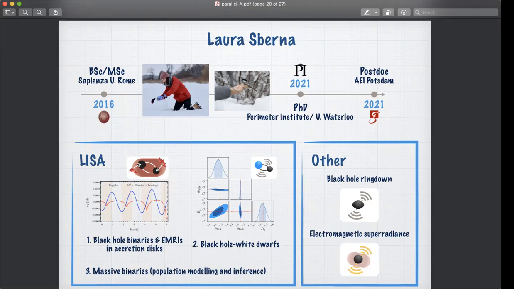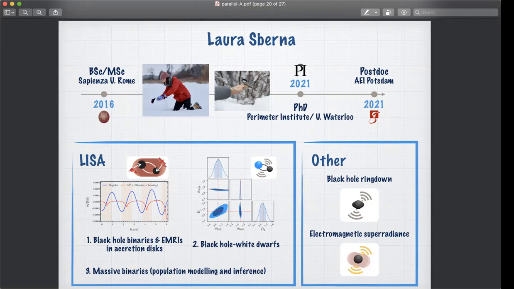These binaries, because of their environment and because they will be orbiting around the supermassive black hole at the center of the AGN, can be affected by a number of effects such as accretion, dynamical friction, or third body effects such as the Doppler and the Shapiro time delays.